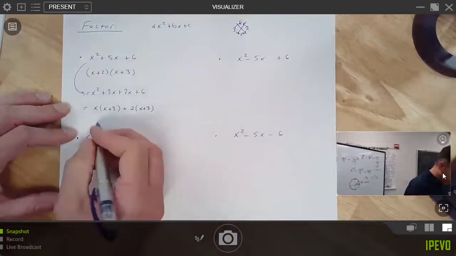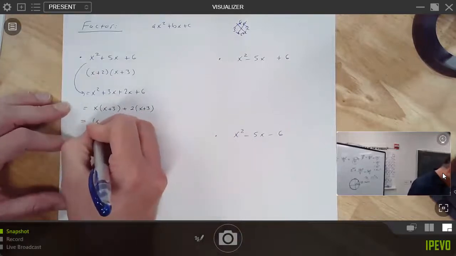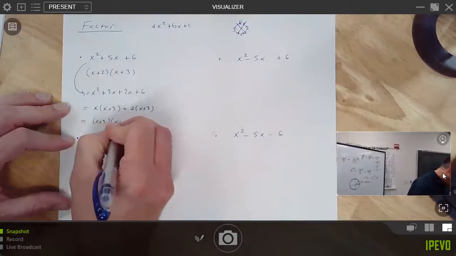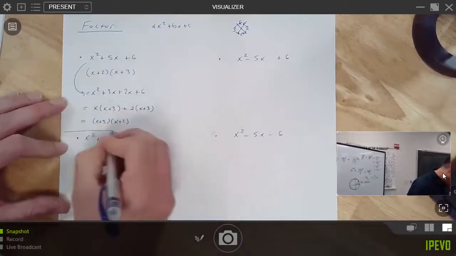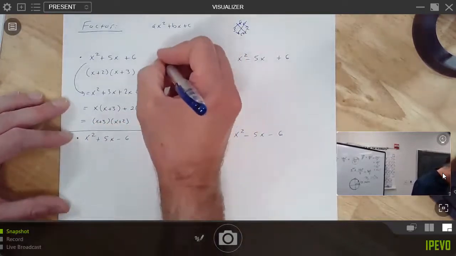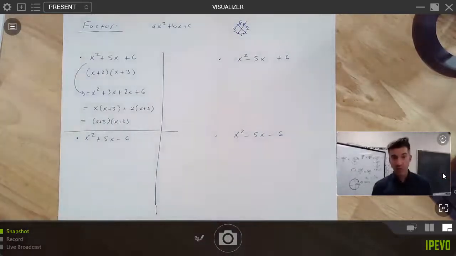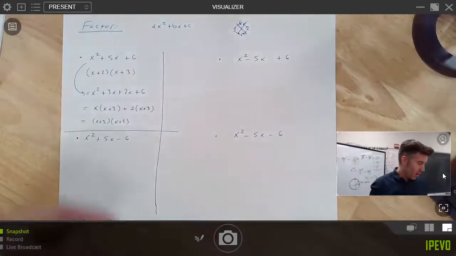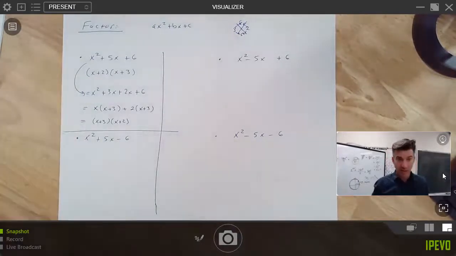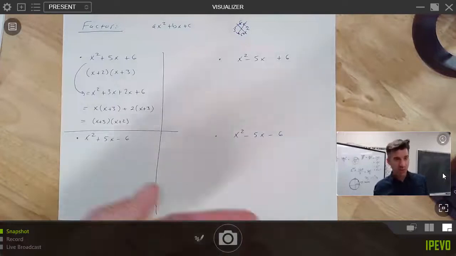And then the x plus 3's factor out, and you get x plus 3 times x plus 2. What I'm trying to emphasize here is that specifically when the coefficient of x squared is 1, you don't have to do it this longer way. You can skip to just saying, oh, it's going to be just the 2 numbers we found.